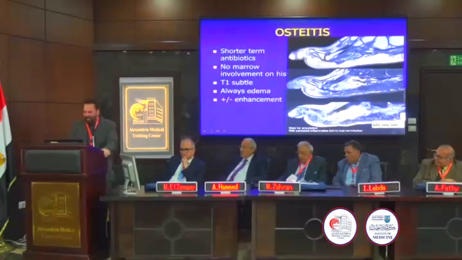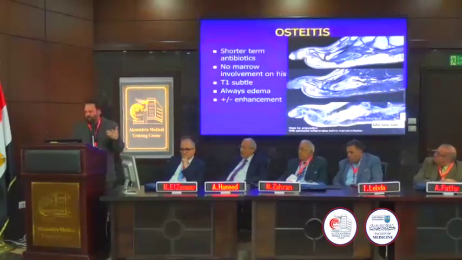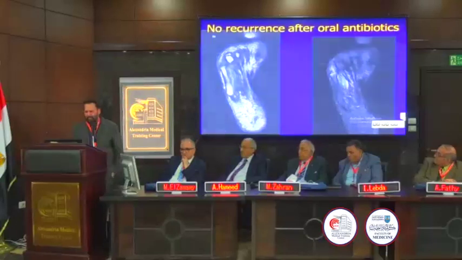So here is a case, T1, T2, and post-contrast enhanced imaging. And this is abnormal on contrast, abnormal on T2, but normal on T1. So you would call this osteitis, and they should receive only 2 to 3 weeks of antibiotics.